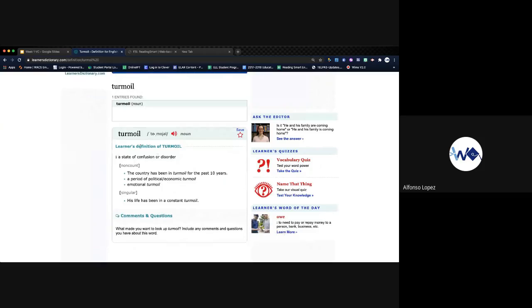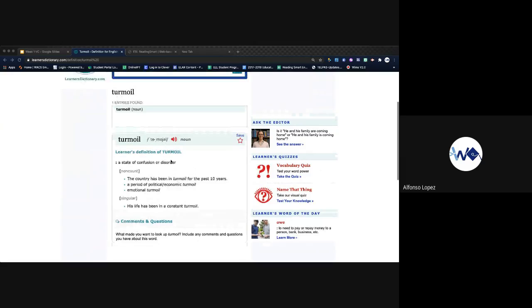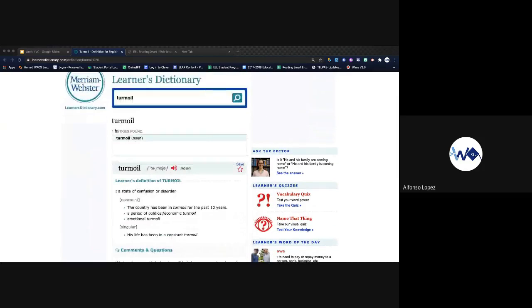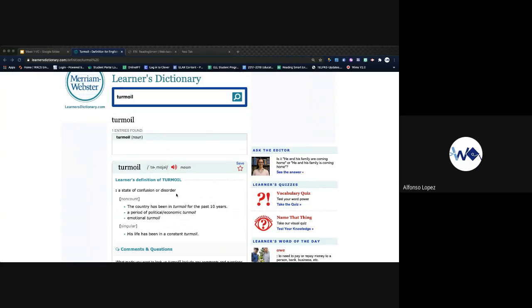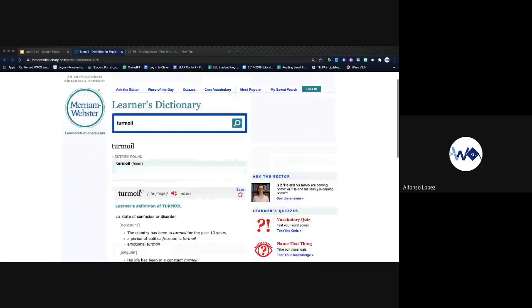It's shorter than the other definitions that you would get. If you aren't sure how to say it, you can click here and it'll read it to you. This dictionary is really easy to use. This is one I would recommend using if you ever need to look up words. The definitions are usually much shorter and easier to understand.